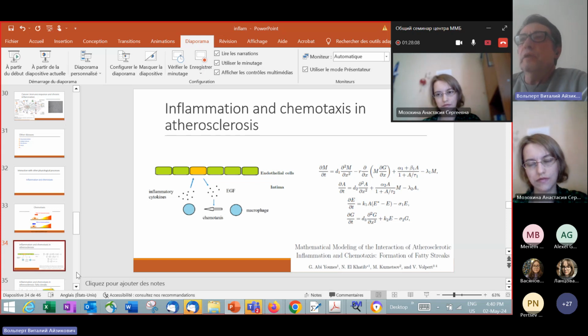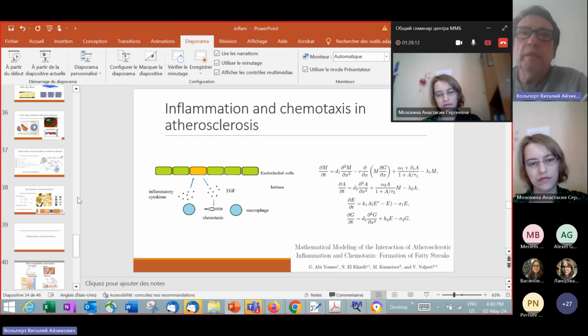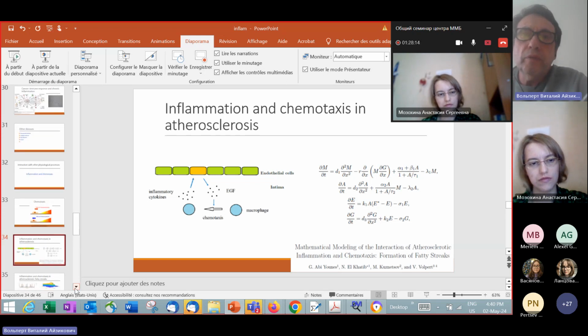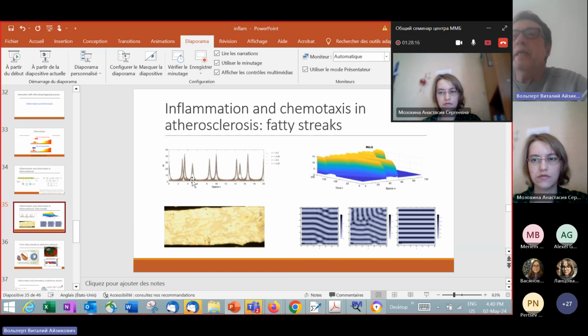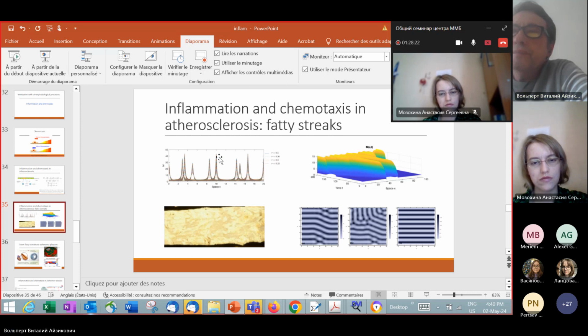The stationary solution can lose its stability, and in this case, we will have such periodic solutions like shown here in the slide. So these periodic solutions appear as a result of instability of this stationary solution. And this instability is related exactly to hemataxis.